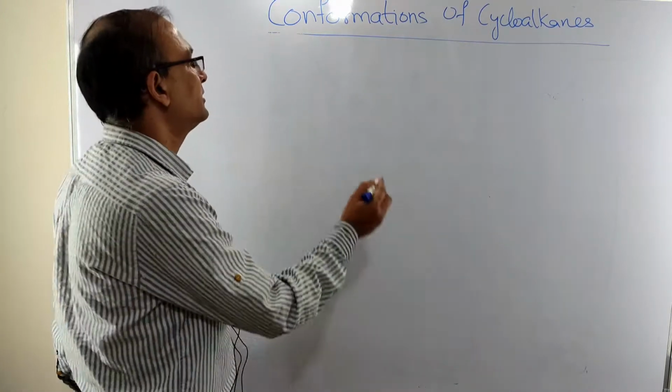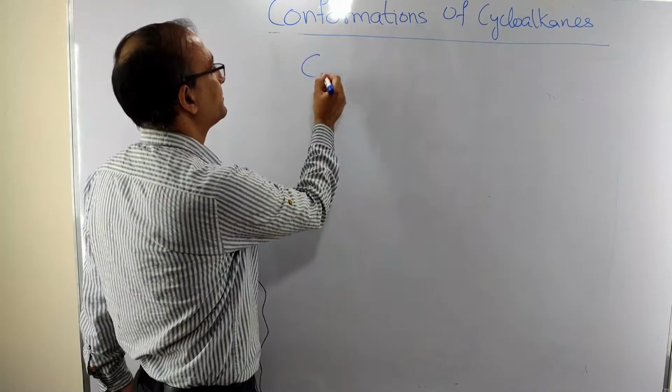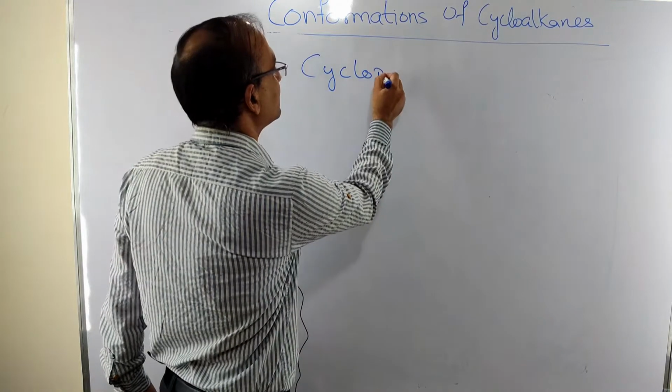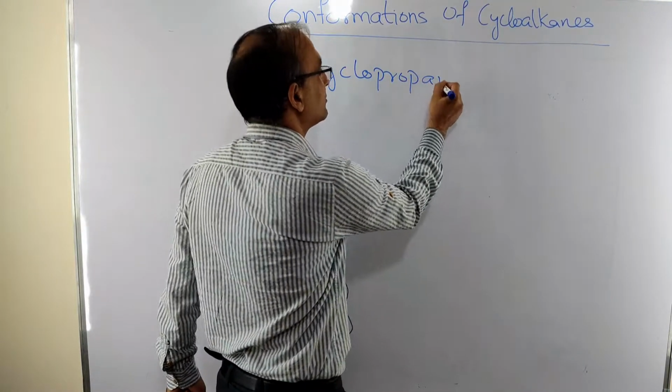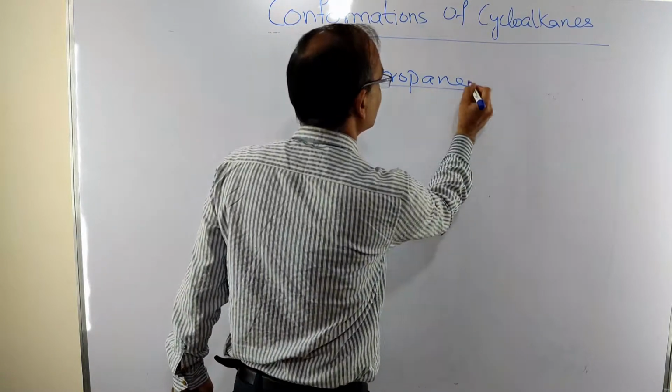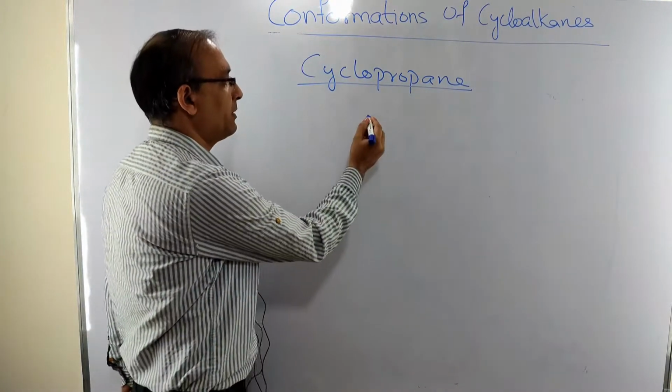Let's start with cyclopropane. Okay, so cyclopropane is 3-membered.